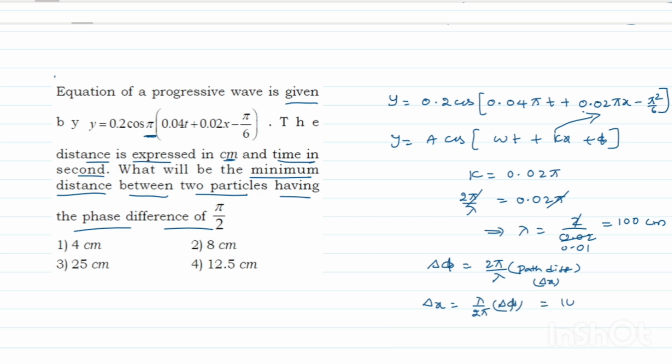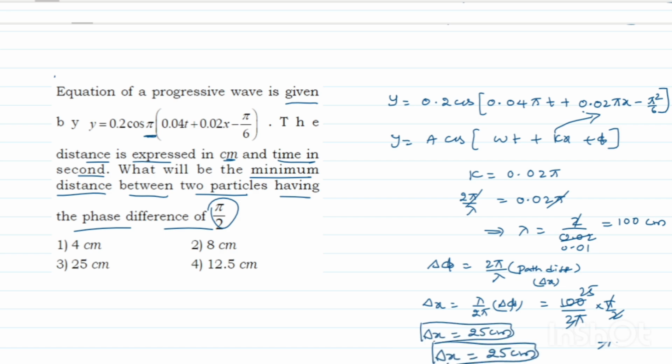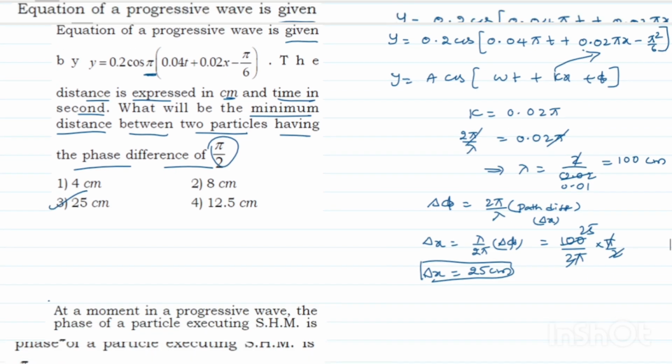So lambda value is already 100 by 2 pi into the phase difference, which is already given as pi by 2. Pi gets cancelled, 2 2s are 4, 4 into 25 times it is going. So here the path difference value will be 25 centimeters. So this is the correct answer. Let us see the next question.